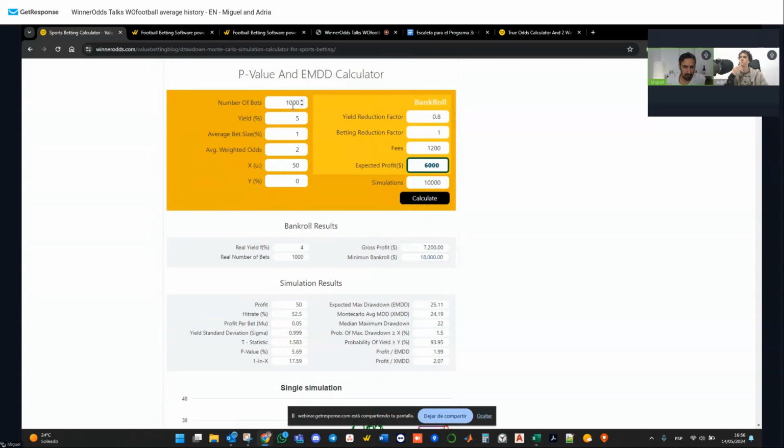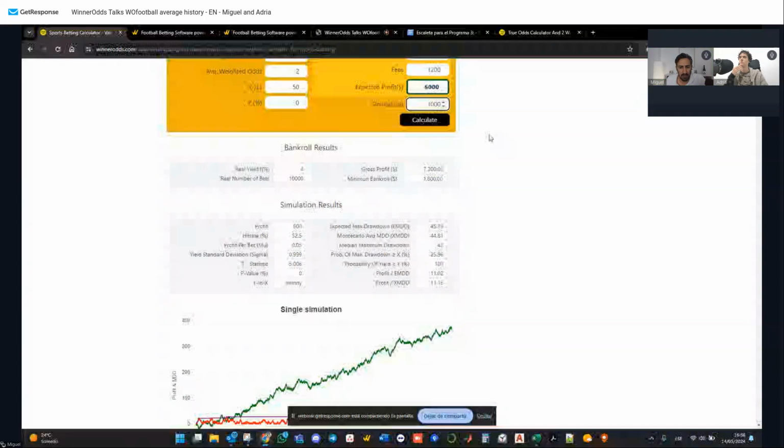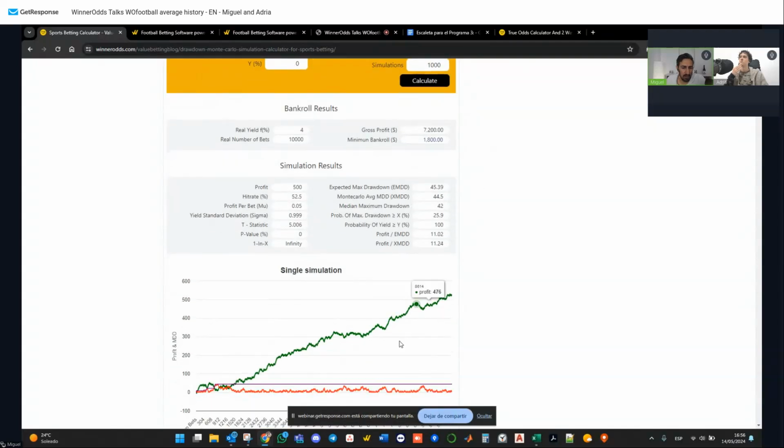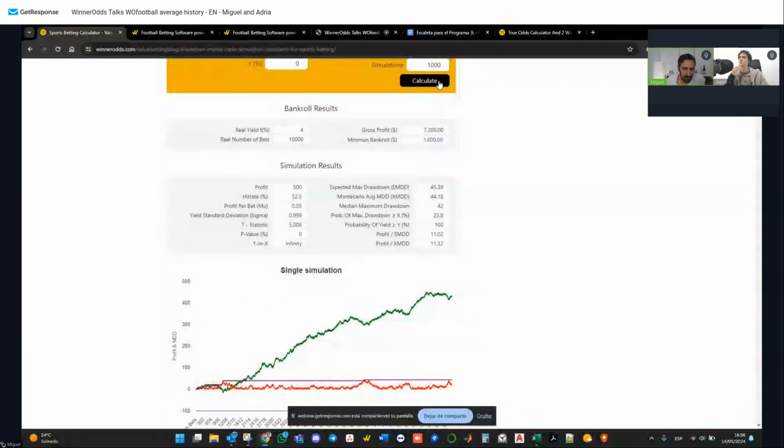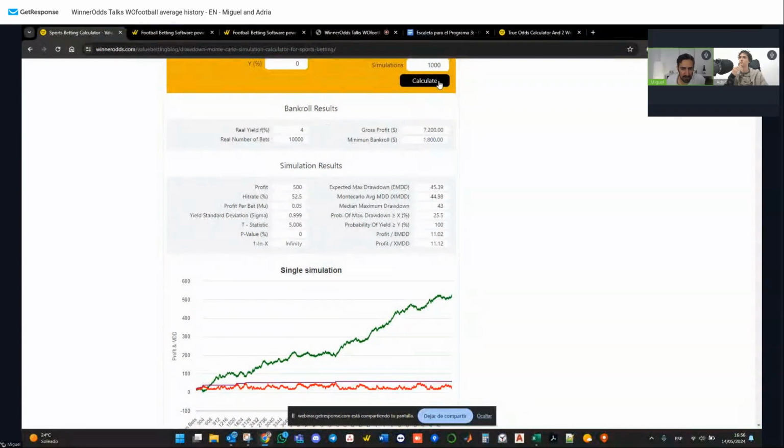If I place 10,000, for example, okay, I will reduce the number of simulations. But even with 10,000, this scale here changes a little bit, but it's much more stable. You always have around 500, 400.